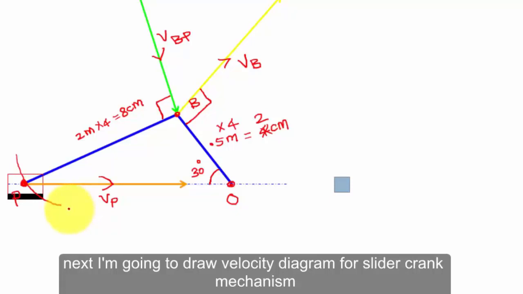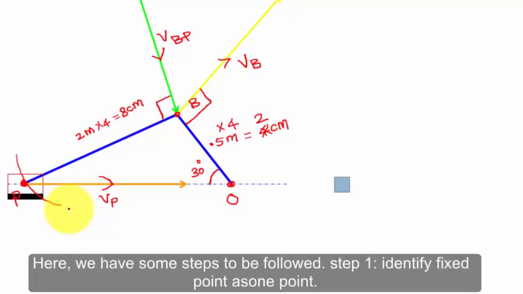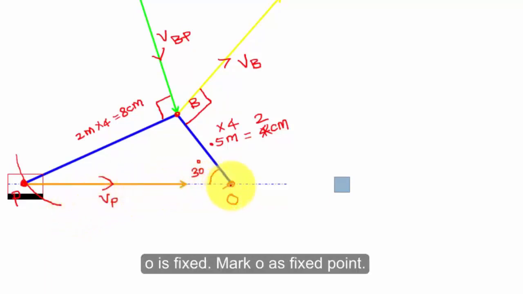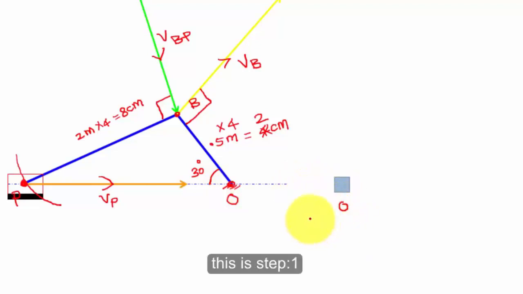Here we have some steps to be followed. Step 1. Identify the fixed link as one point. Here O is fixed, so I can mark O as a fixed point. This is step number 1. Step number 2.